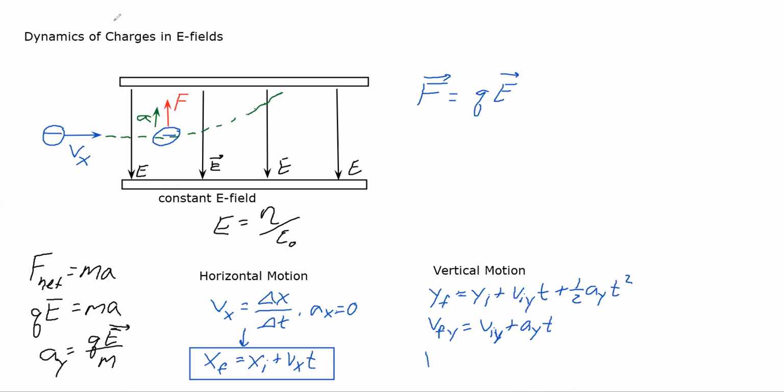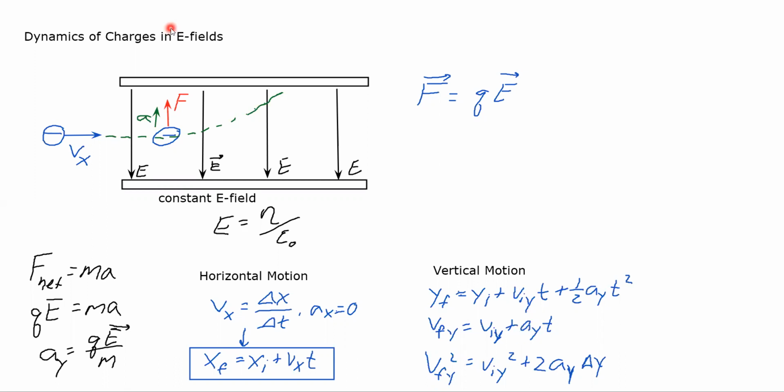And then one more, v final y squared equals v initial y squared plus 2 ay delta y, the change in y. So kinematic equations come back when we're looking at this. And remember, these equations were derived when acceleration is constant.